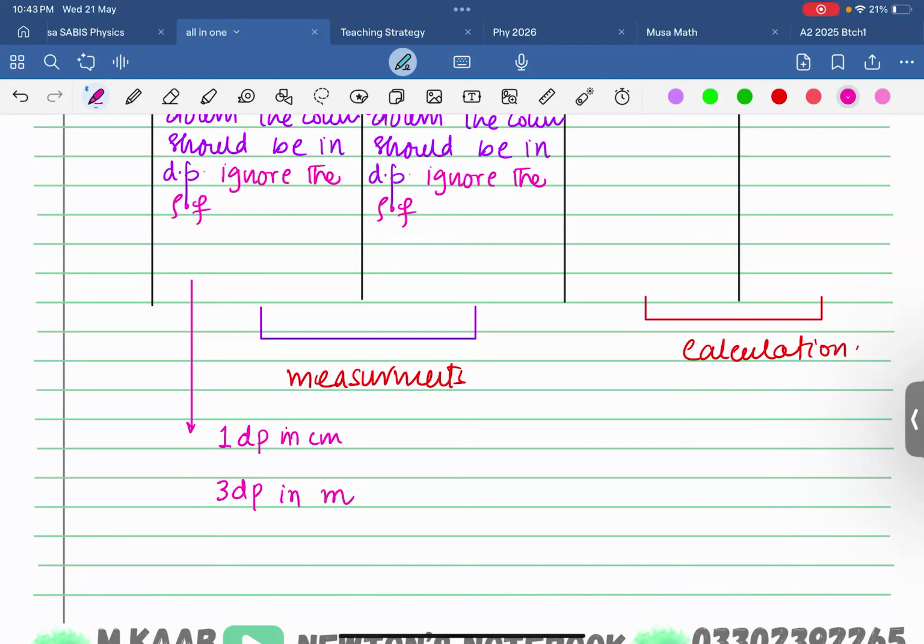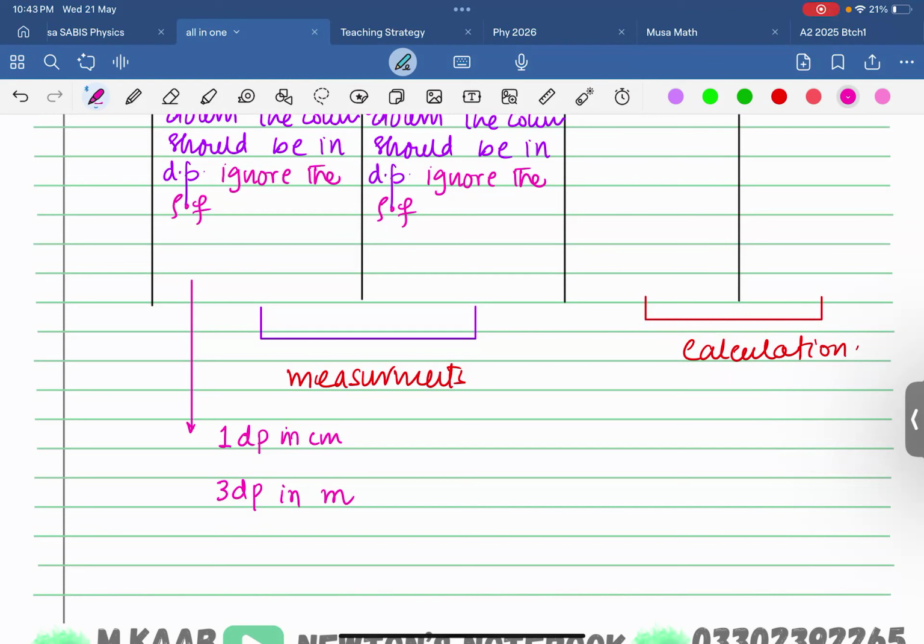And if they say write that in meters, then you have to write that value in meter, but in the table you are allowed to go with the centimeter or with the meter, both are acceptable. But to me, go with the centimeter. It's easier for you to write all the values. 3 dp means more things, and more things means more chances of error.